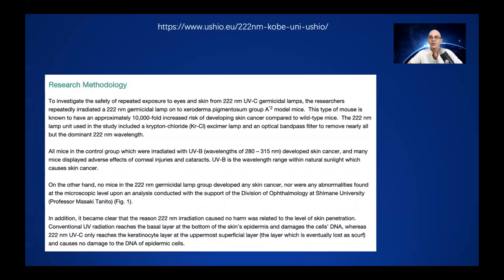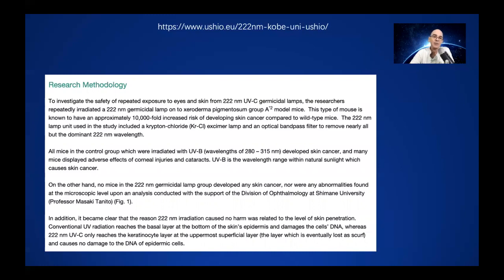So they put these poor mice underneath this 222 nanometer lamp. They found that in the control group, who were radiated with normal ultraviolet light, normal being just the 280 to 350 nanometer range, all of them developed skin cancer.